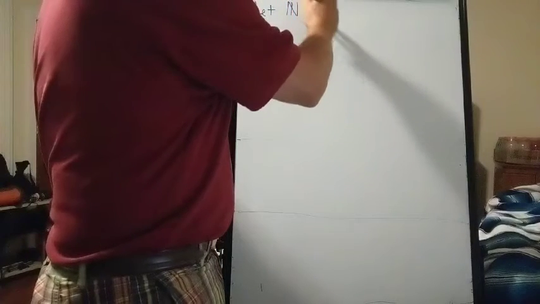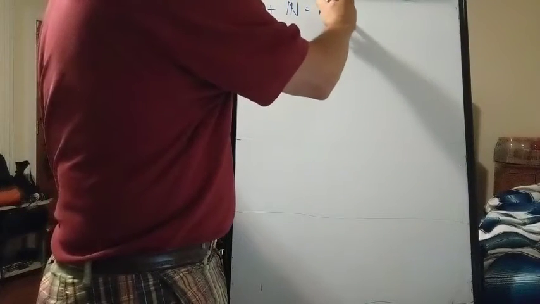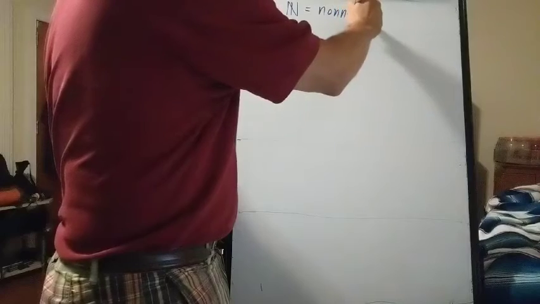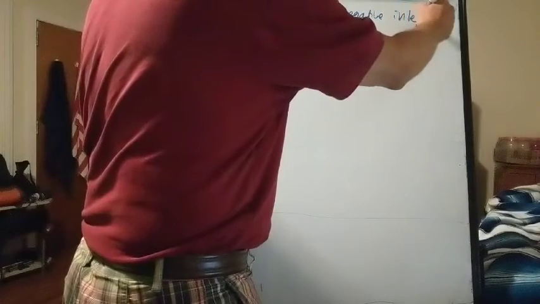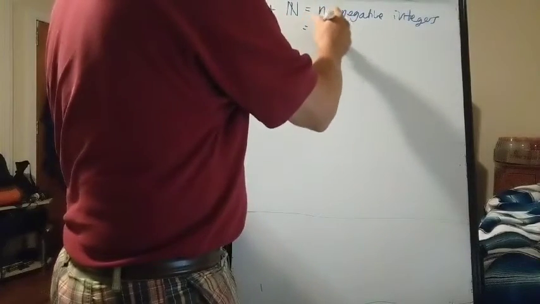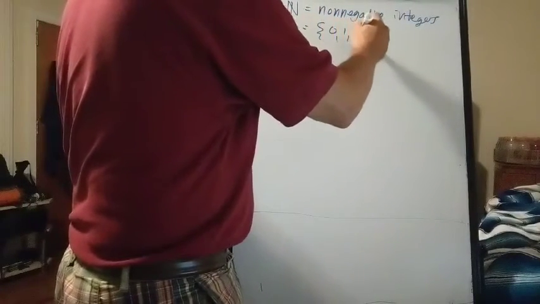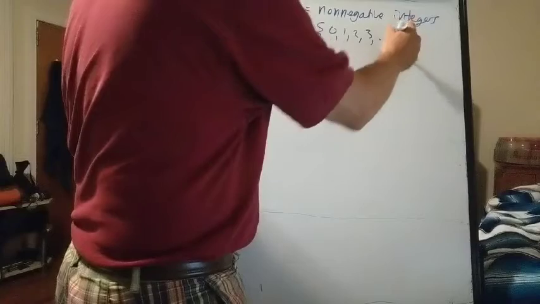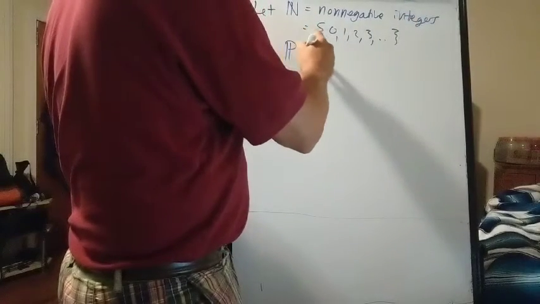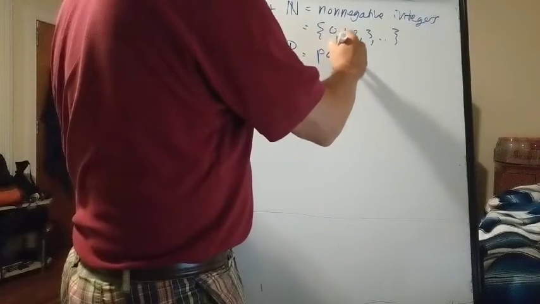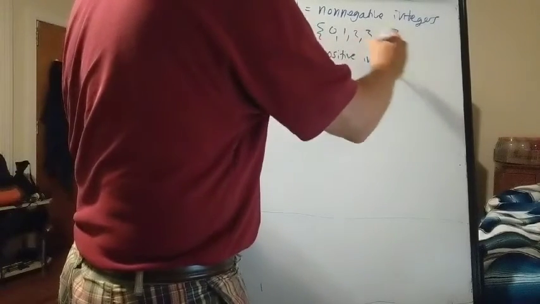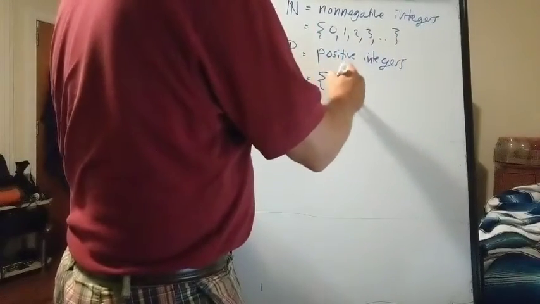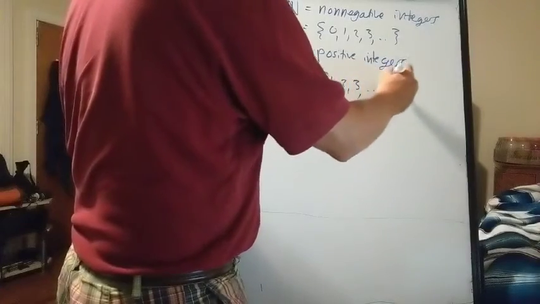Let's let capital N be the non-negative integers, so 0, 1, 2, 3, etc. And let's let capital P be the positive integers, so 1, 2, 3, etc.